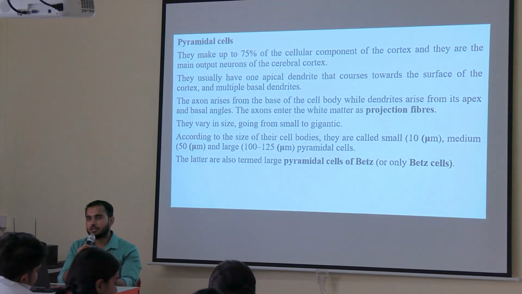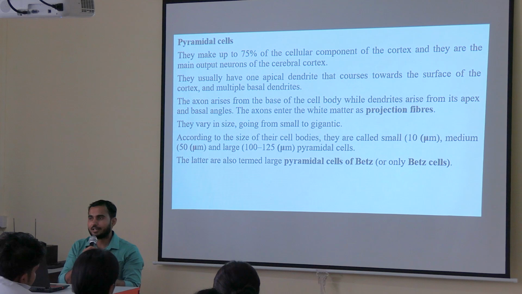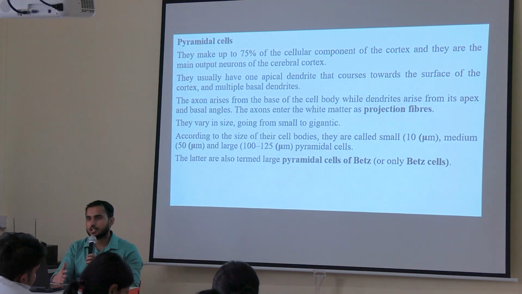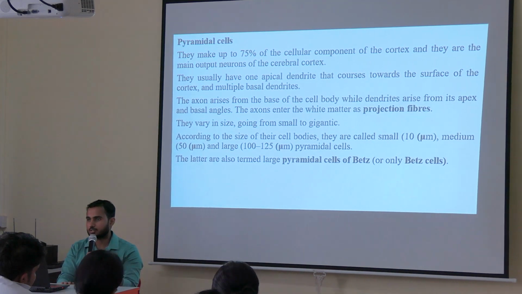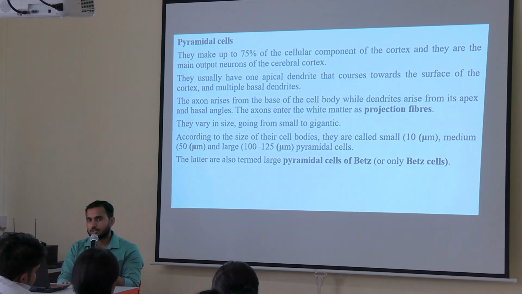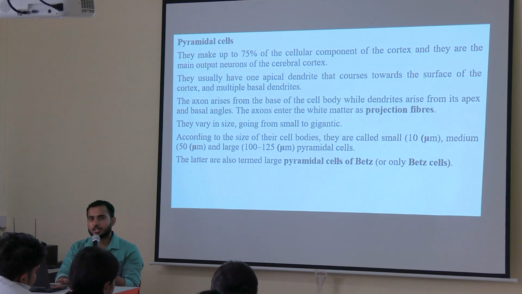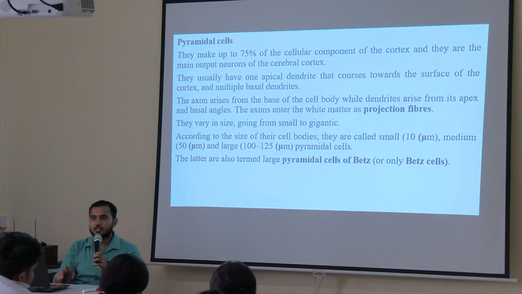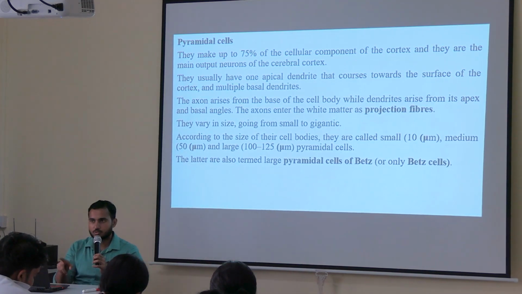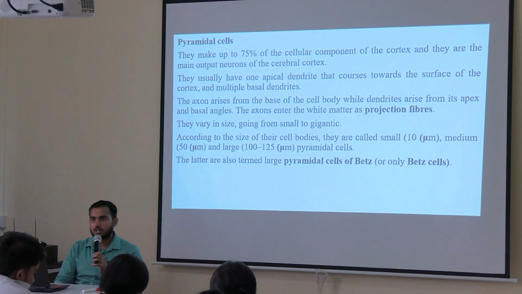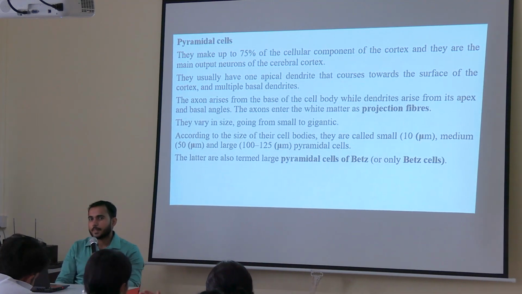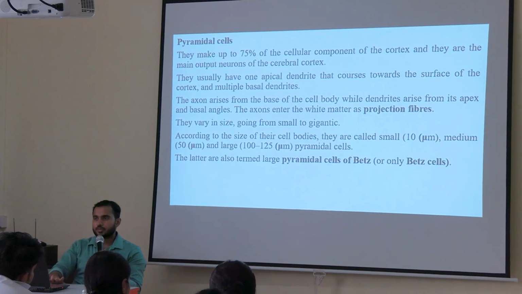Among them, the projection fibers connect the cerebral cortex to the subcortical centers. That's why I said subcortical centers, not only spinal cord. It includes brainstem, spinal cord, and cerebellum. These are the subcortical centers. So that is the projection fiber.